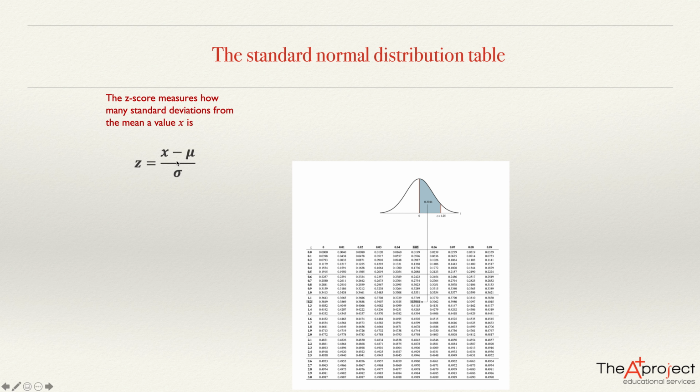So this is the formula. The Z-score will be x minus the mean divided by sigma. So, for example, if you know a value that is, let's say, mu plus sigma, then x is mu plus sigma, mu plus sigma minus mu is just sigma, sigma divided by sigma, the answer is 1.